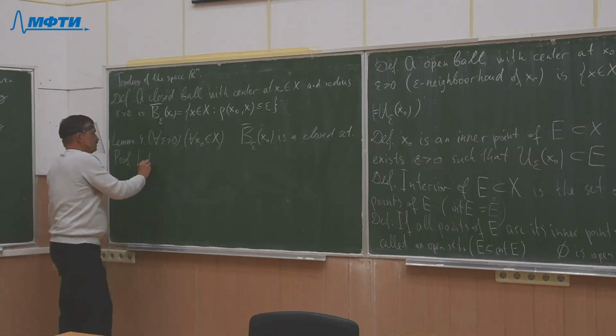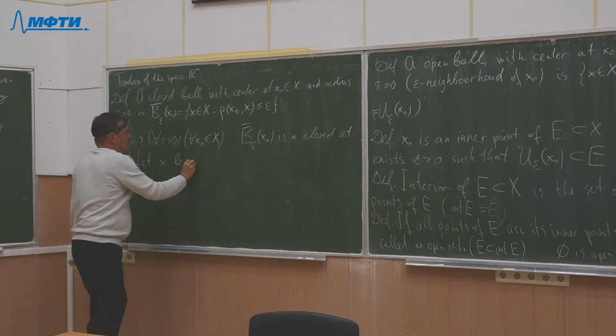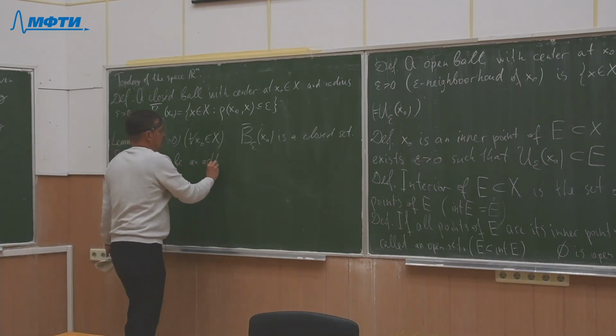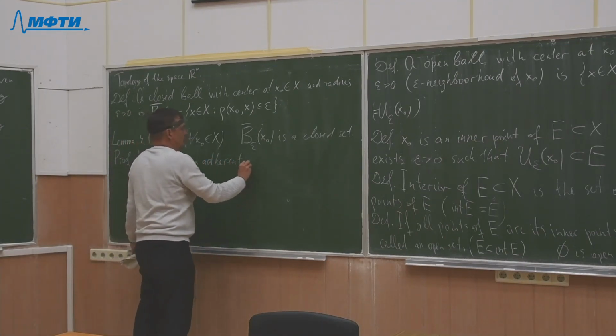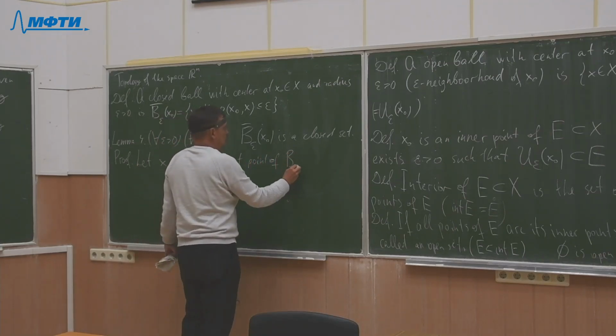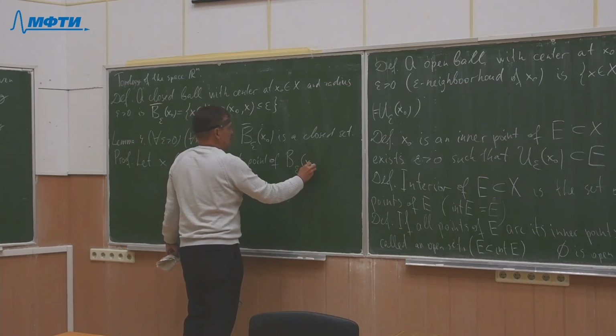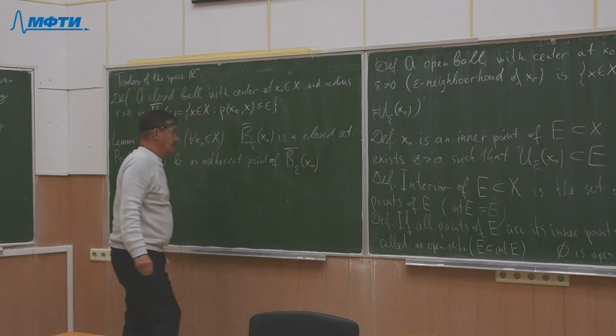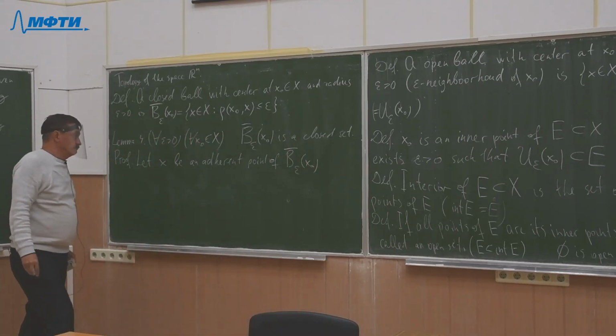Let x be an adherent point of the closed ball B epsilon x naught bar. What does it mean?